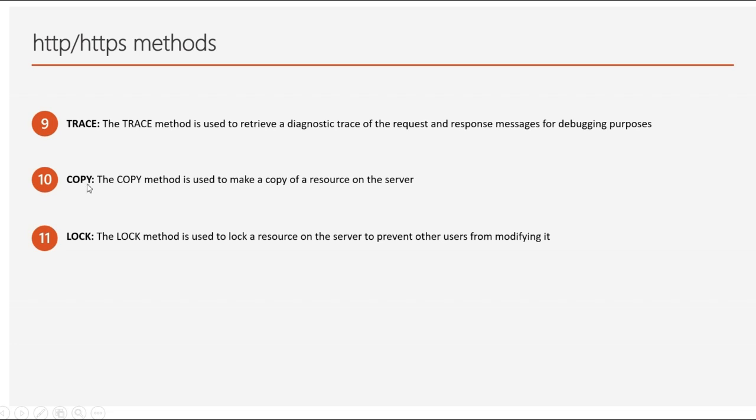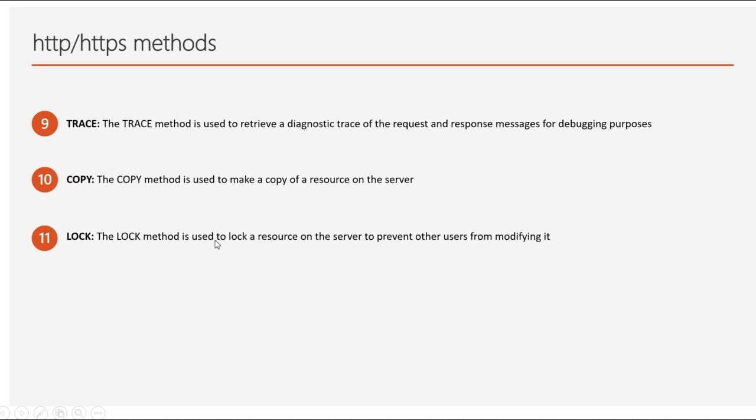Okay, that's it. So we go to LOCK. The LOCK method is used to lock a resource on the server to prevent other users from modifying it. Once you apply this lock on the record, the action will not be performed for a PUT or PATCH, because once you lock the record, you cannot do any updates on it.